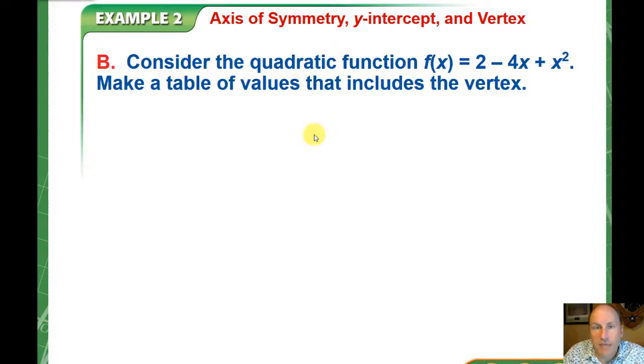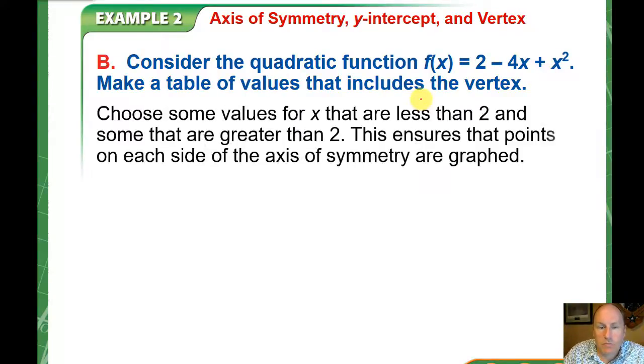So now that we know that the axis of symmetry evenly divides the quadratic graph into 2 parts, use the axis of symmetry as the center point in your graphing. So if we take this function, 2 minus 4x plus x squared, and want to make a table of values that includes the vertex, we know the vertex is at x equals 2.